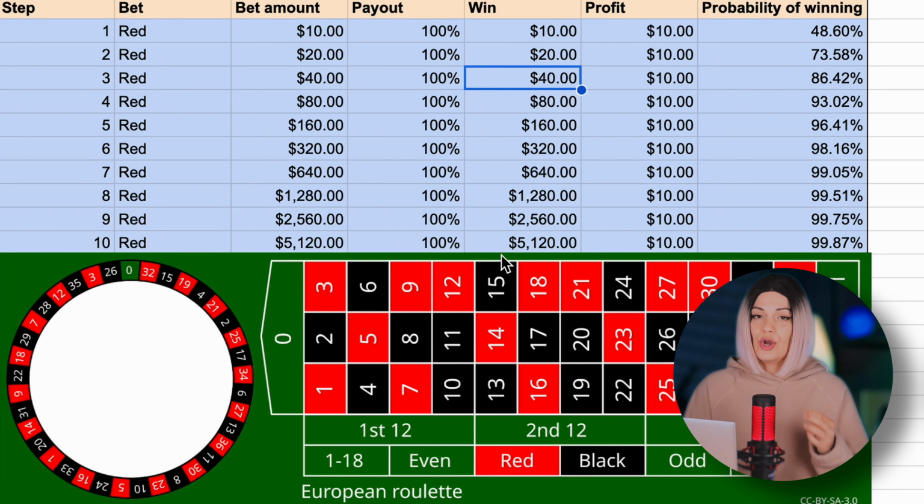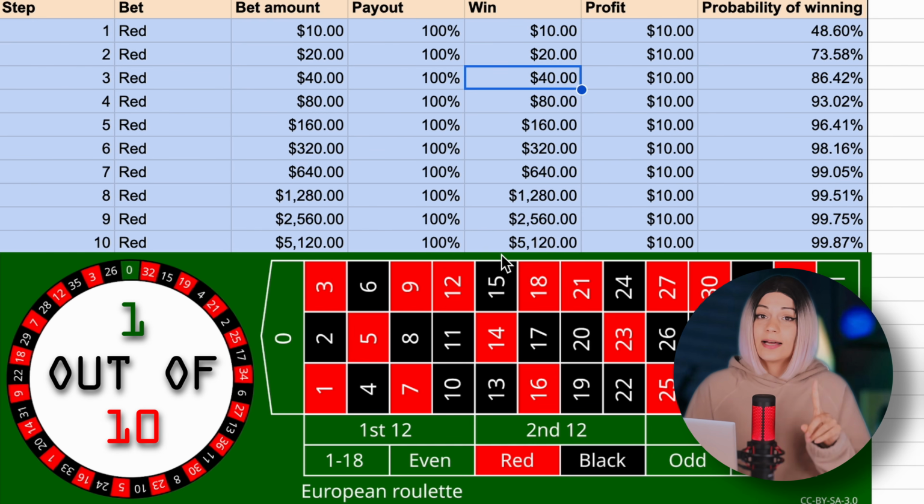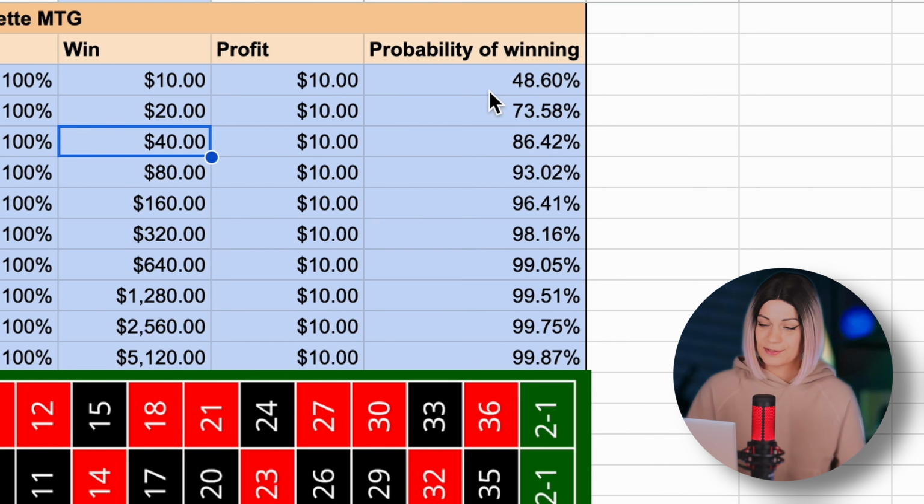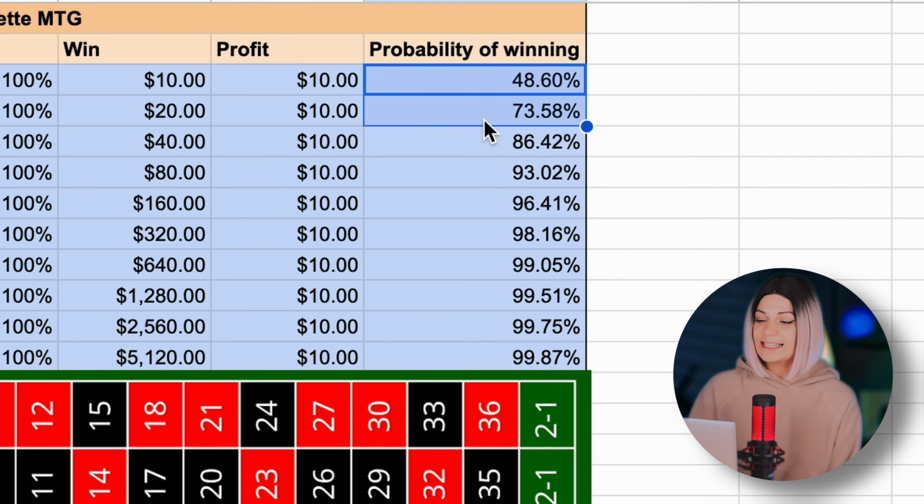You need to know and be sure that in next 10 spins, at least once, the ball is gonna land on red. Why do we need that? I think it's really easy to understand, because with each new bet, each new try, the probability of you winning at least once out of all the spins landing red is never gonna be equal 100%, but it's still growing.